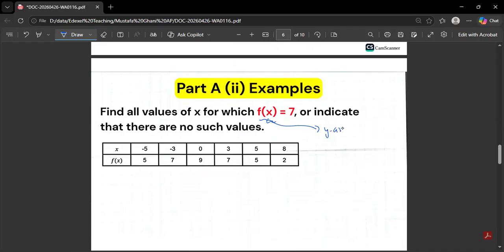So what is the y-axis value given to us in this question? It is 7, right? Now look at the f of x values in the table. Here we go, 7 appears two times in the table, right? So what is the value of x? It's a piece of cake. X equals -3, and x equals 3. Is this clear? Yeah.